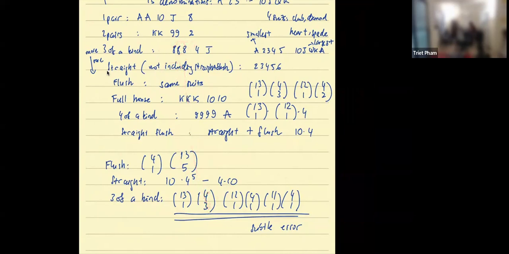Out of the 12 remaining denominations you choose one for the lone card. But you see here, this is the clue. You almost want to say you choose one for the first lone card, and that's a clue where you are building order into the count. Naturally you want to say out of the 12 denominations, use one for the first lone card, and out of 11 remaining denominations, choose one for the remaining lone card.